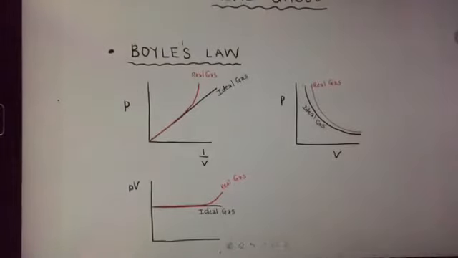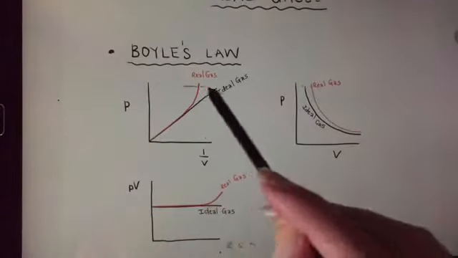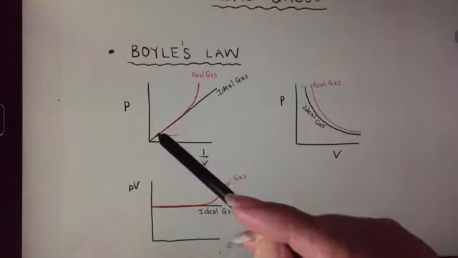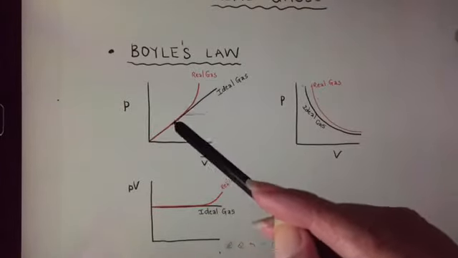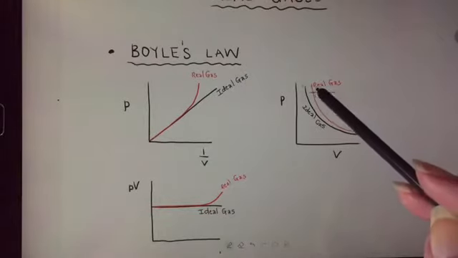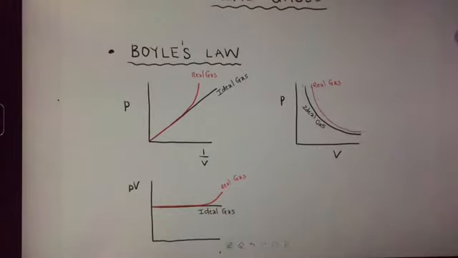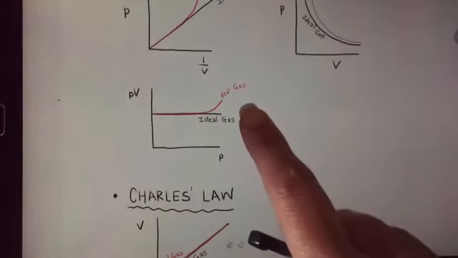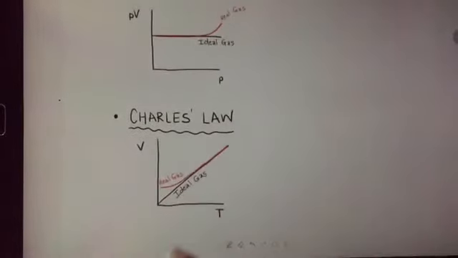So if we go back to our graphs, you can see over here at high pressures, there's actually a deviation here. So the red line is what the graph will look like for a real gas. Even here, the red line is what it would look like for a real gas. Same thing over there, same thing over there.